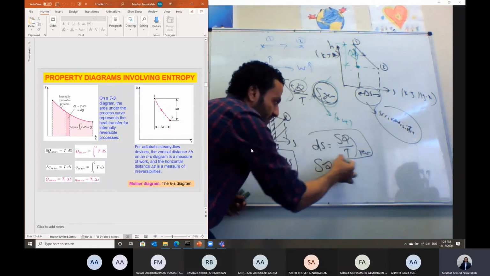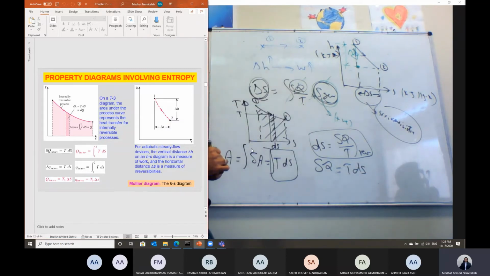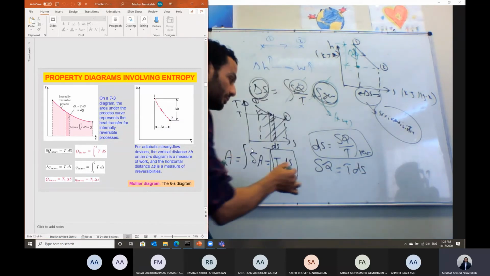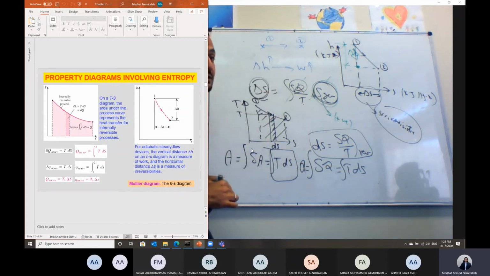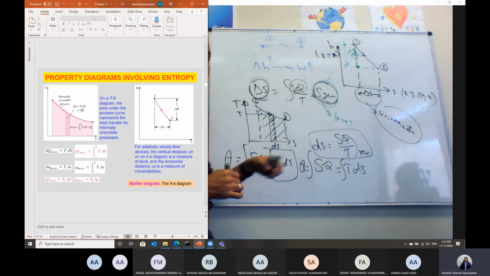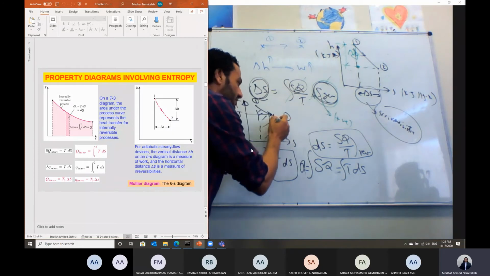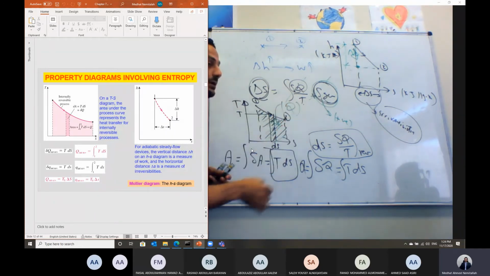Based on the definition of the entropy, T multiplied by dS. Or if we integrate to calculate the total heat transfer, the total heat transfer is equal to what? The integration of TdS. That means the area under the curve, Shabab, on the T-s diagram for any process gives us an indication about what? About the heat transfer, exactly.